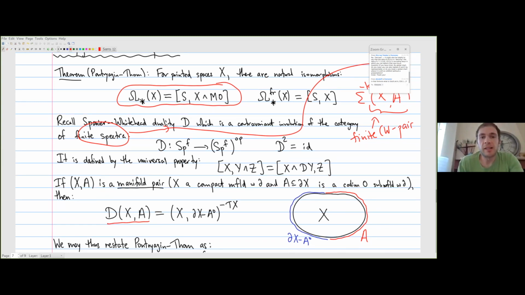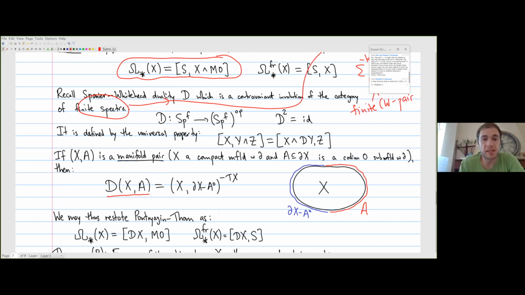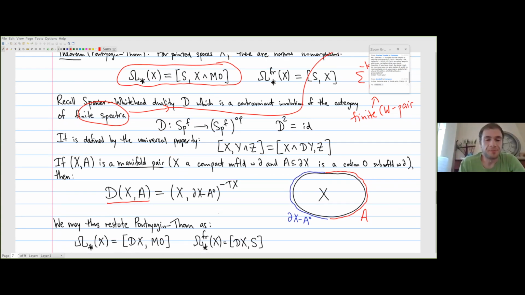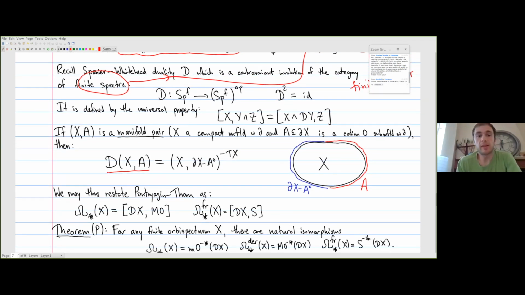So using this duality, while using the universal property, we can restate Pontryagin-Thom as this isomorphism here. So we just put X to the other side using the dual. So this is the form that Pontryagin-Thom isomorphism takes in the Orbispace context. So here's a theorem for any finite Orbispectrum X. We have these natural isomorphisms.